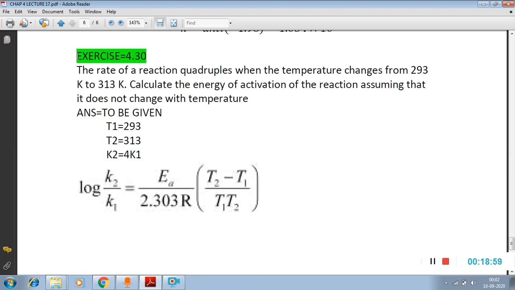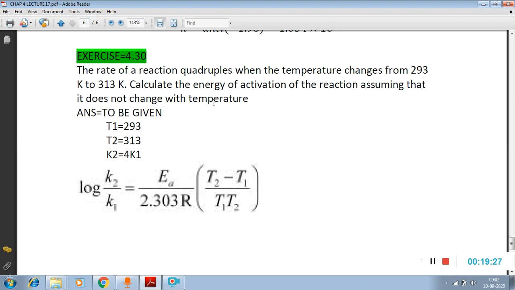Now exercise question number 4.30. The question is like this: the rate of reaction quadruples when temperature changes from 293 to 313 Kelvin. Calculate the activation energy of the reaction assuming that it does not change with temperature.